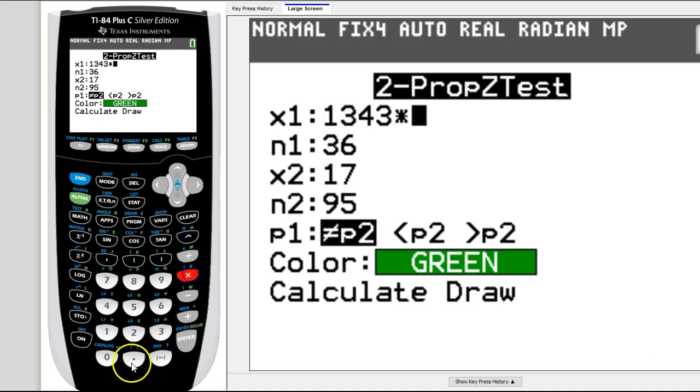1,343 times 10%. Now, I am not going to leave it like that. I can't have decimals. So I just put it in there to see the math, because I didn't want to think all that much. And therefore, instead of 134.3, I'm going to round up. Remember, these are people. So I'll say 135.